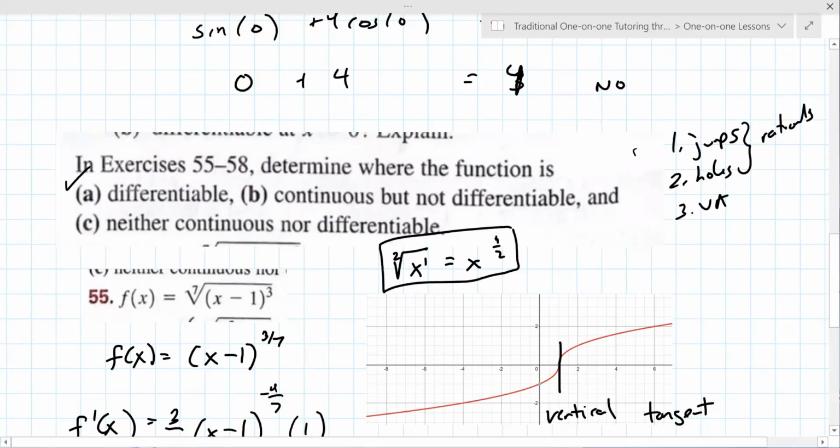This one's neither, it's always weird, so it's not one or the other. So C doesn't apply to this one, and we would need to see another example to say when it would apply. I just don't know how to find the jump, hole or vertical asymptote if you don't have a graph.